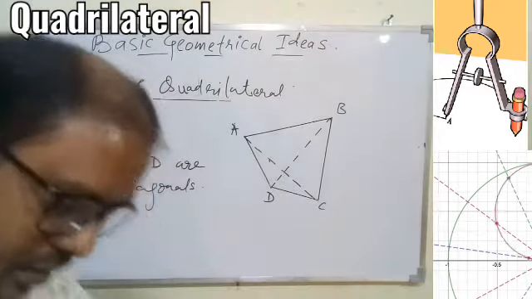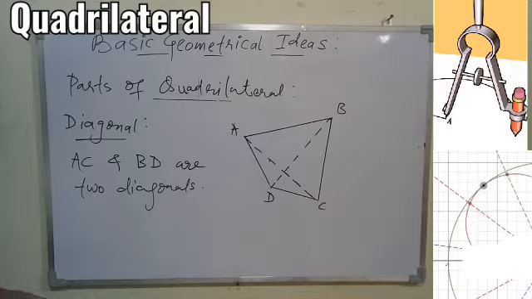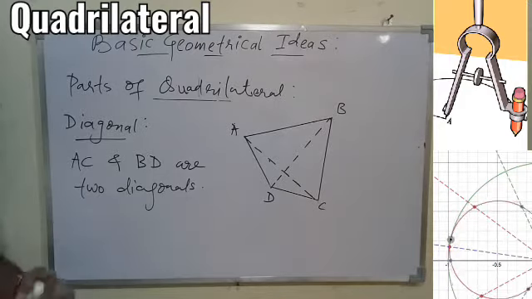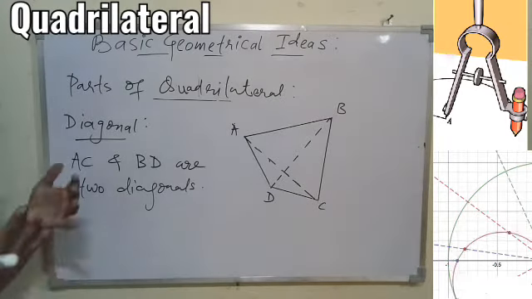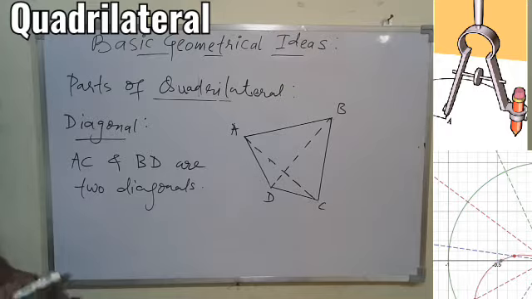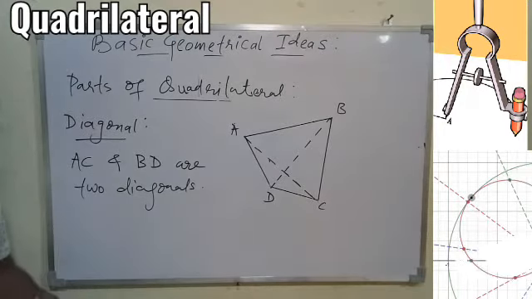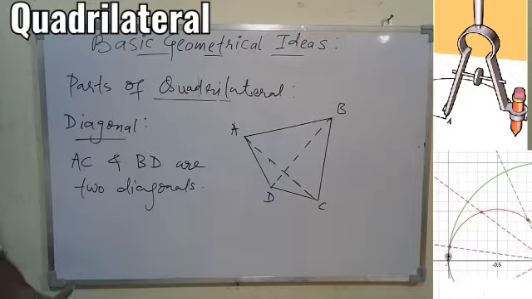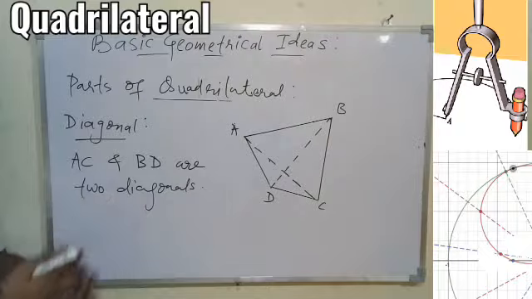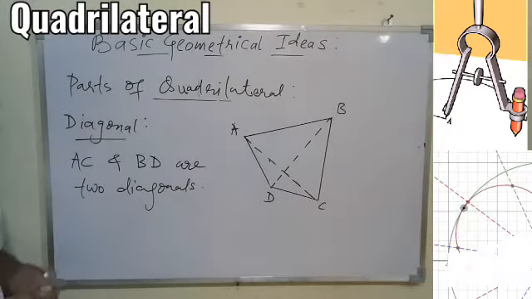So a quadrilateral will always have how many diagonals? Two only. How many pairs of opposite angles? Two pairs. How many pairs of opposite sides? Two only. How many sides do we have? Four. How many vertices? Four. So I hope you understood this much, and we are able to name the different sides, angles, and diagonals.